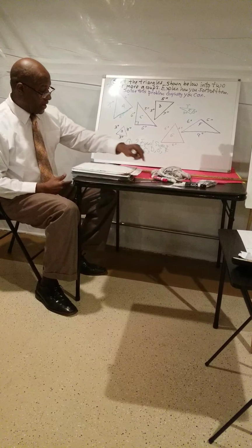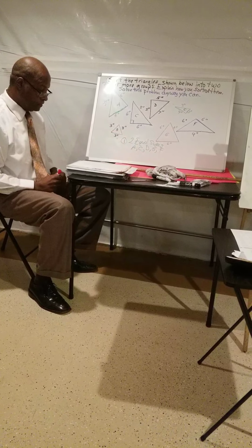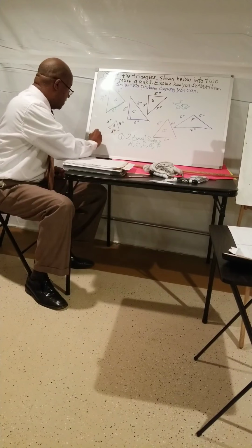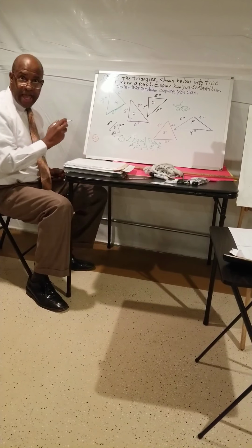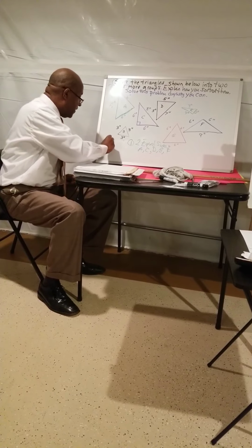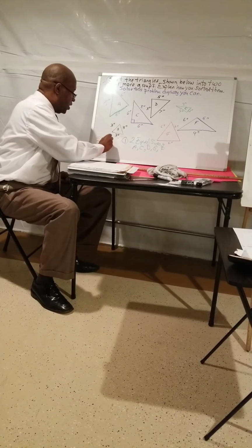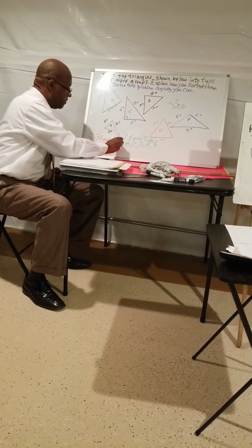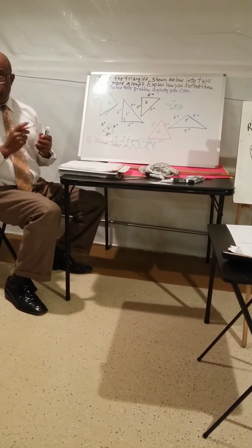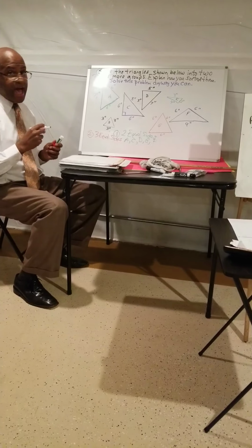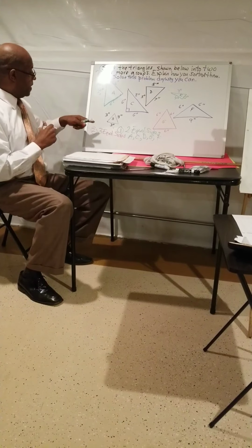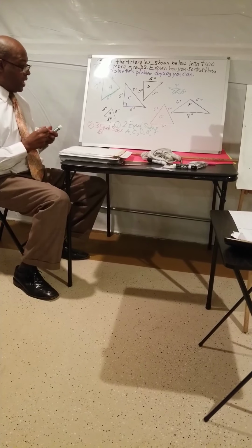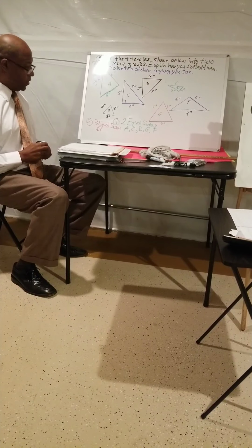What other way can you categorize it? Okay, someone says that we can put them in a category with triangles with 3 equal sides. How many triangles did you have with 3 equal sides? B. Very good. How else could you categorize?